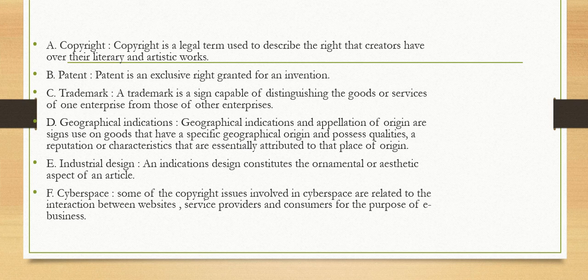The next one is geographical indications. Geographical indications and appellations of origin are signs used on goods that have a specific geographical origin and possess quality, reputation or characteristics that are essentially attributed to that place of origin. For example, Darjeeling tea includes the name of the place from where it originated. It shows the reputation of that particular place.